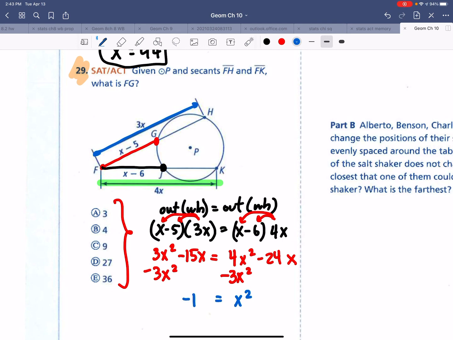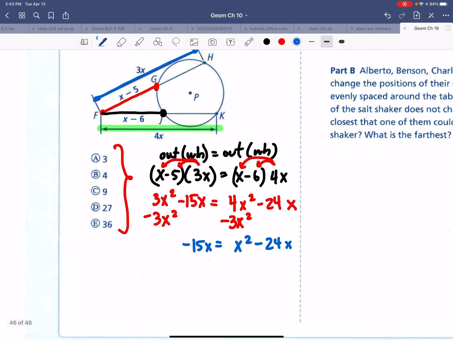And I guess I'll just copy everything else down just to kind of take it one step at a time. All right, if I add 15x, get x squared minus 9x. Okay, now I can factor out an x. There's an x in both of these.